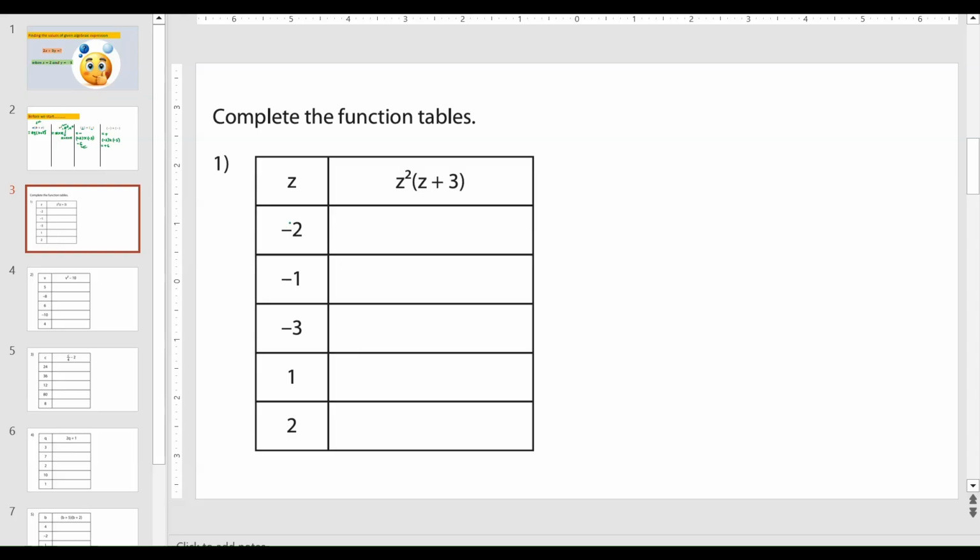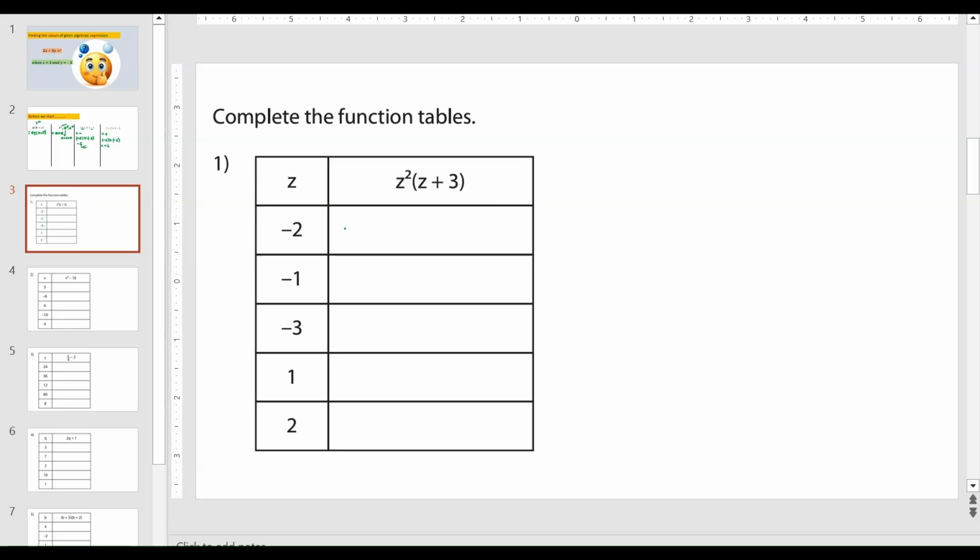Here we have five different values of z. When z is minus 2, what will be the value of this expression? We have to find it. When z is minus 1, what is the value of this expression? We have to find that too. Similarly, we have 3 more values. I'm going to show you how to find them.